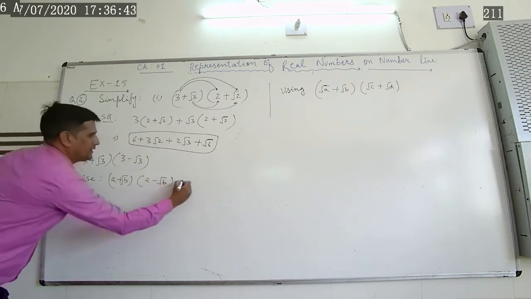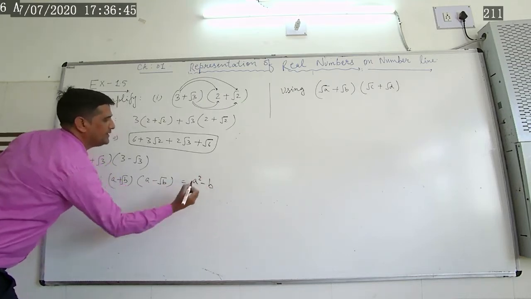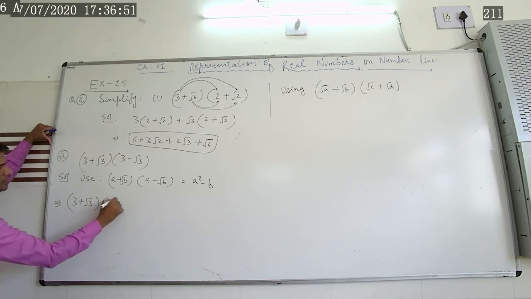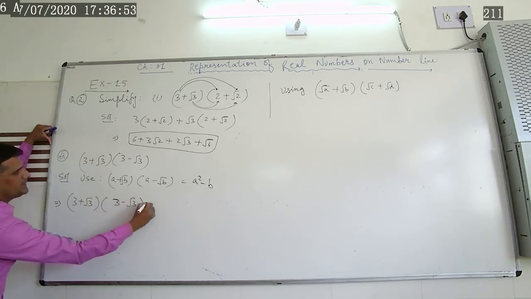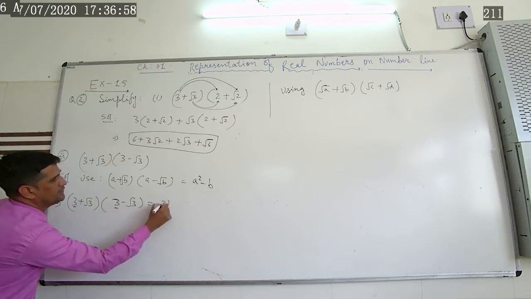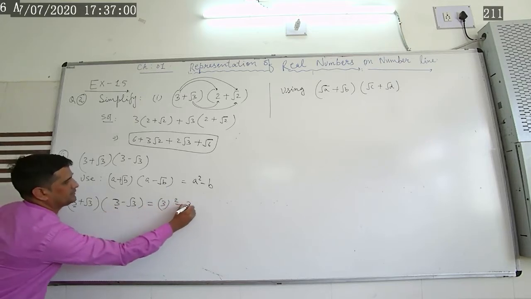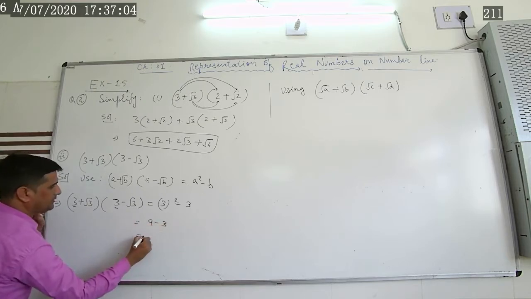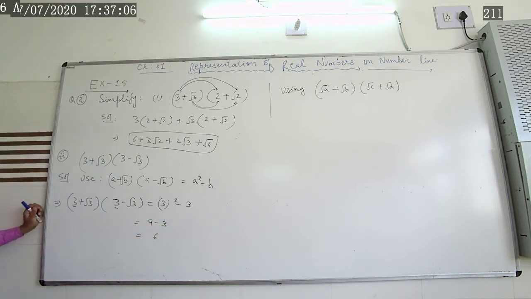So this identity is nothing but A square minus B square. So directly you can write down (3 plus under root 3) into (3 minus under root 3) is equal to A square, the first term we will square, 3 square minus B square, that is equal to 9 minus 3 will give me the result as 6.